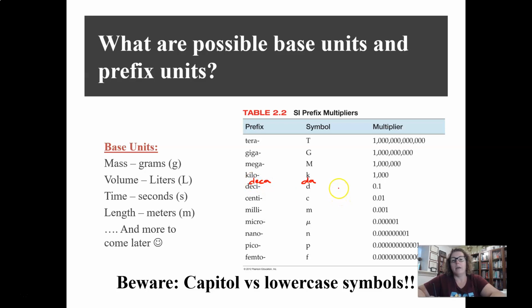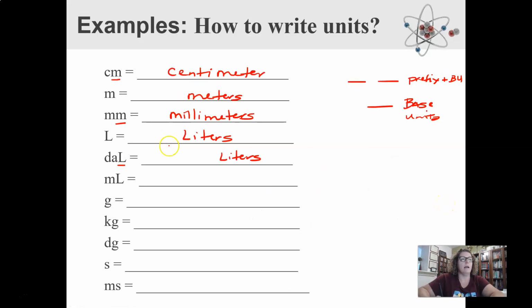I have a chart coming up that has all of them on here, a chart I got from our book. Deca is DA, but be very careful with deci, which has an i. That's just little d, and deci is a factor of 10.